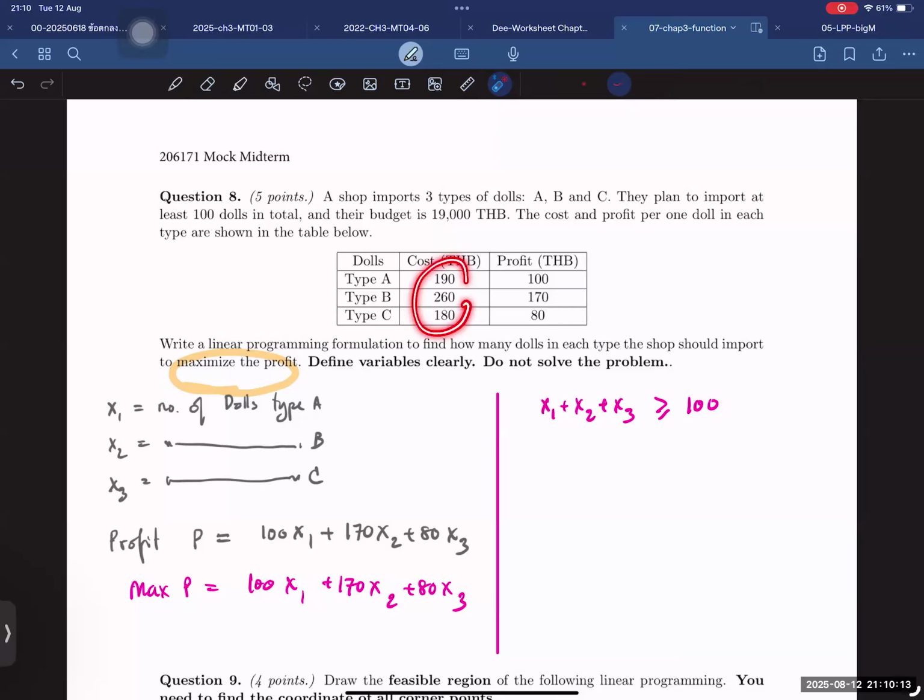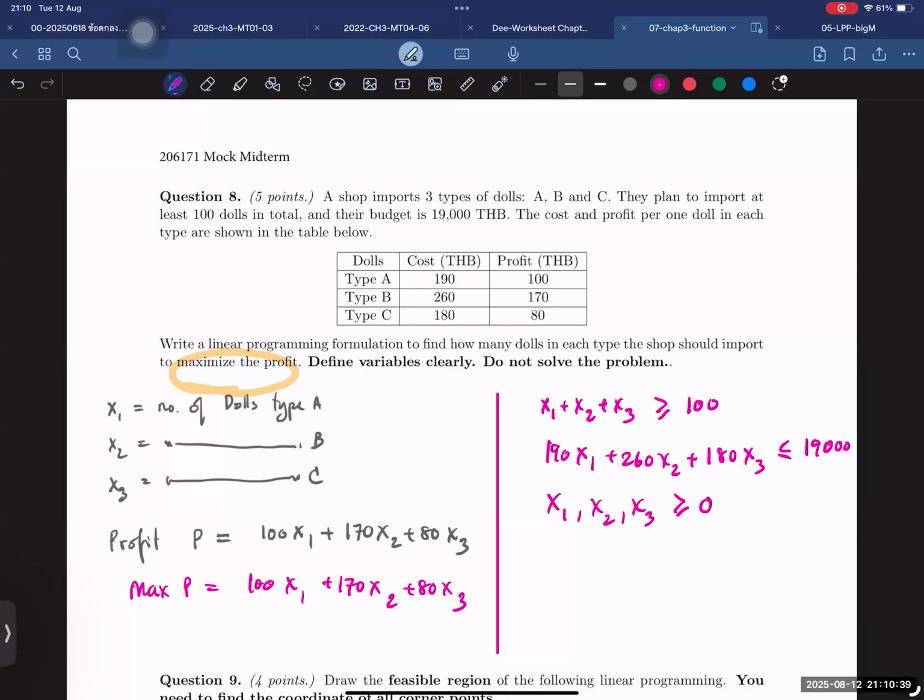So it's cost per door: 190 times x1 plus 260 times x2 plus 180 times x3 should be less than or equal to 19,000, right? So what else? That's it. We need x1, x2, x3 to be non-negative, right? That's the constraint.